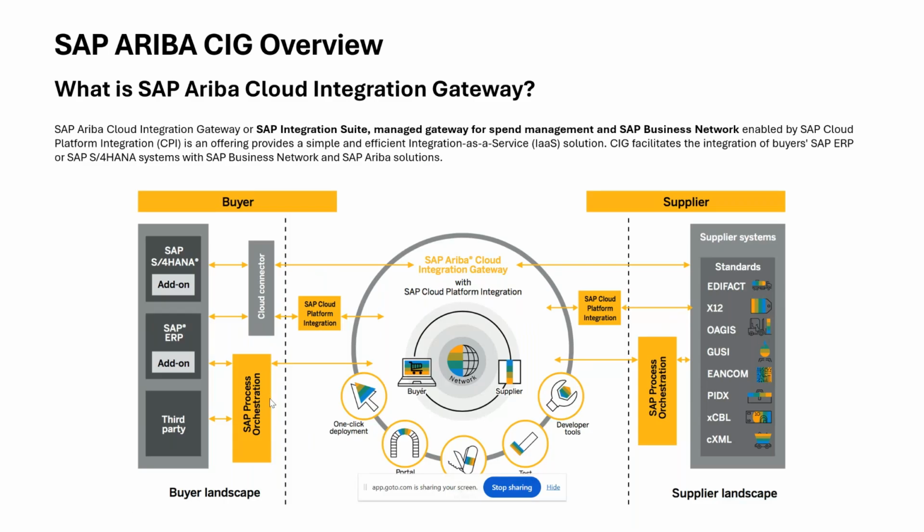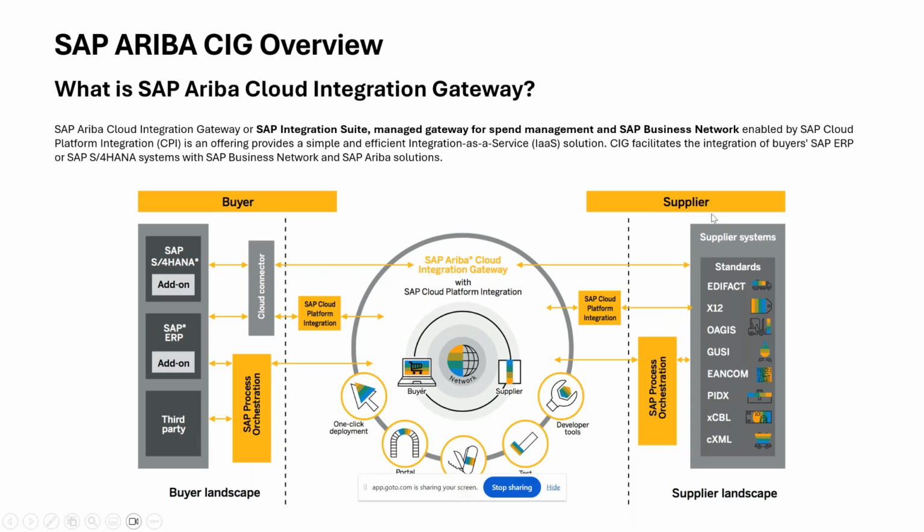You can directly connect CIG with the ERP using Cloud Connector. You can use CPI in between, CIG plus CPI, when connecting to ERP. If there is a third party system in your scope, you can use some extra middleware to connect these two systems. So that's how the left side picture represents the connectivity.